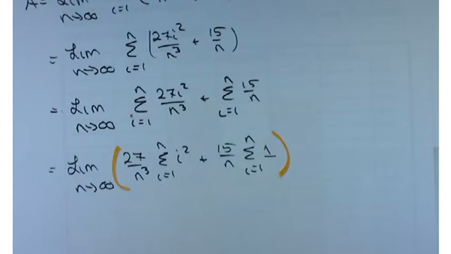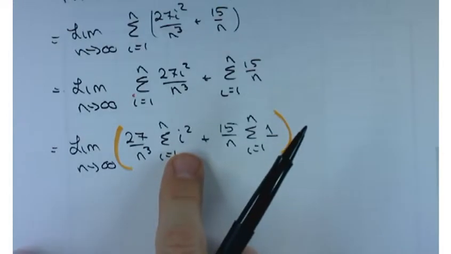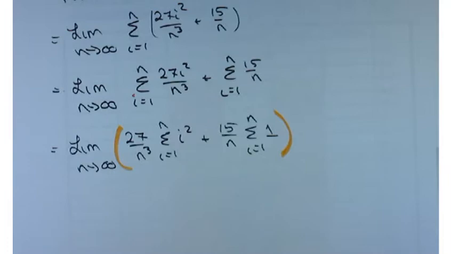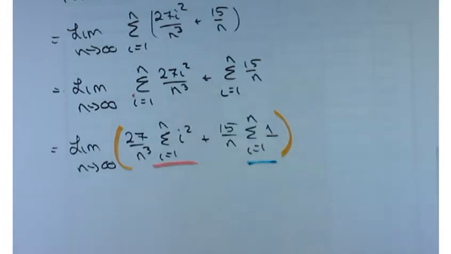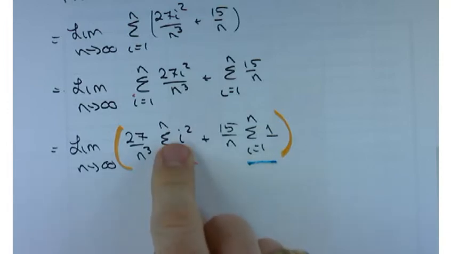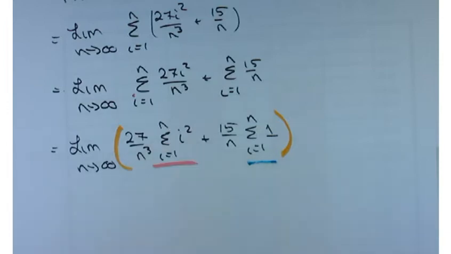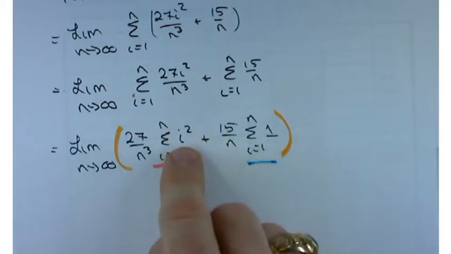Well, let's think. We can clean this up now. Both of these sums, we can replace with formulas. This one is stuff that I gave you at the very beginning of this section, the sum of the first n squared integers.